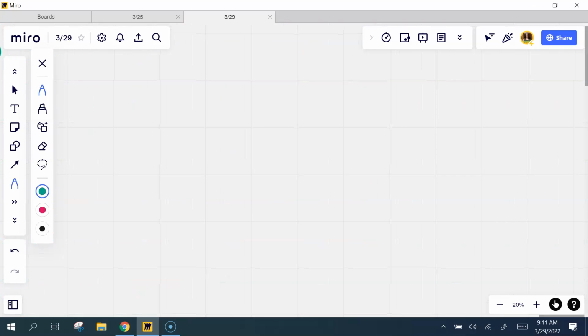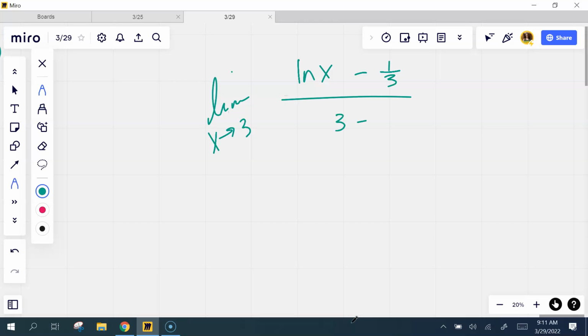But if you didn't, Allison said she plugged in the limit as x goes to 3. F of x was the log of x minus. And then I did L'Hopital, 1 over x over 1. But I was just like, oh, I'll just put 1 over 3.